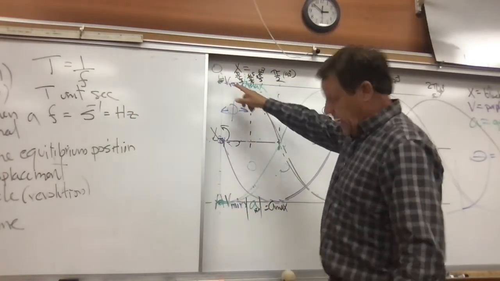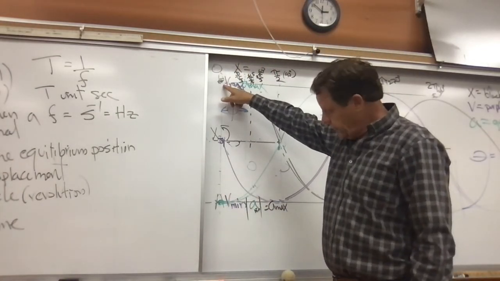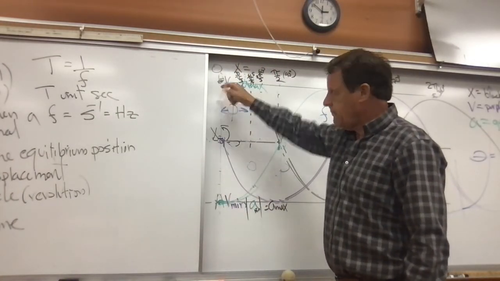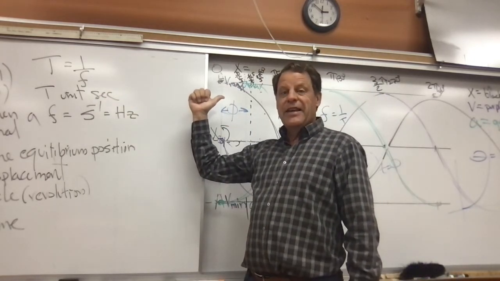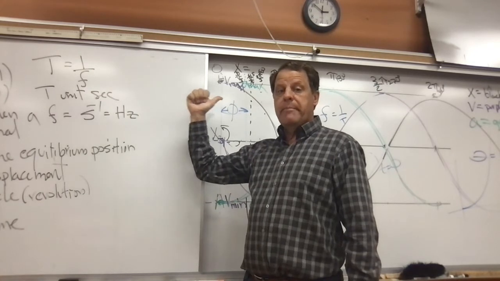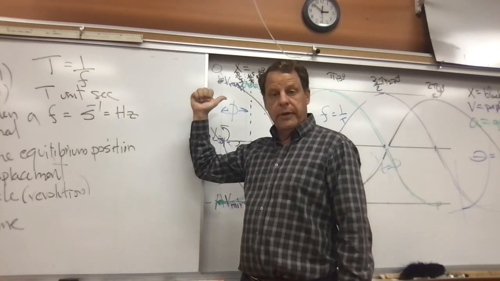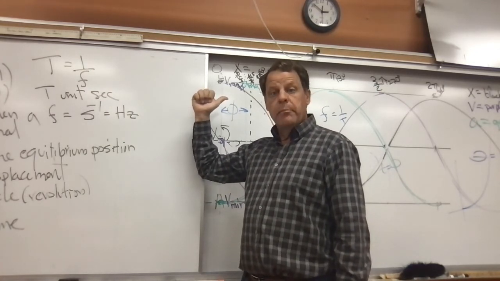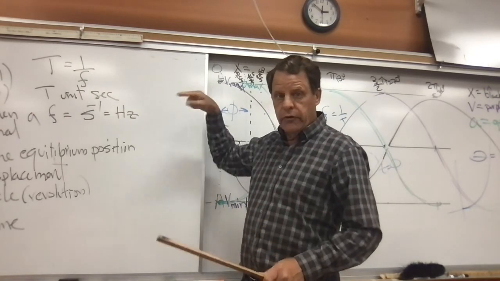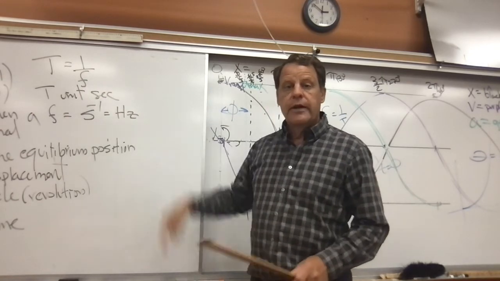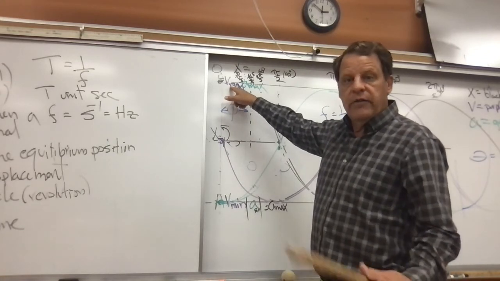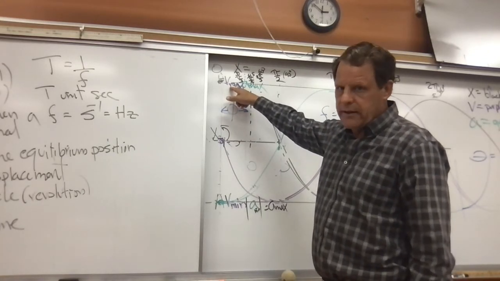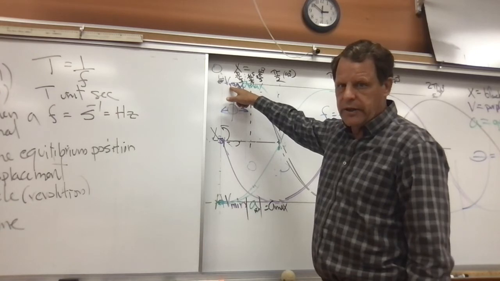Now in our case, that would be a stretch, but if we pulled the spring this way, remember that would be maximum displacement in the positive direction, but the restoring force is always going in the opposite direction. So this would be the maximum absolute value of the acceleration. Technically it's a deceleration because it's going in the opposite direction.